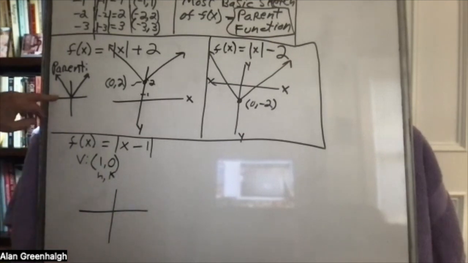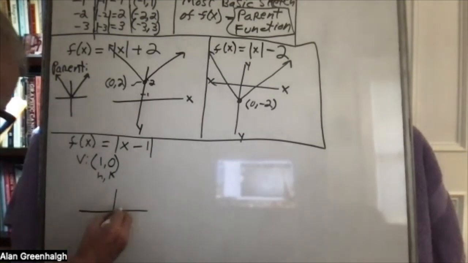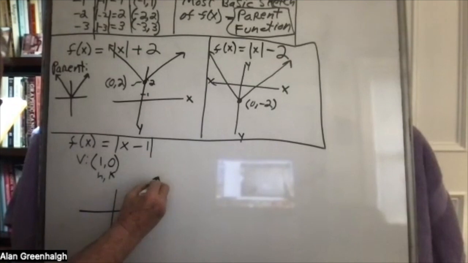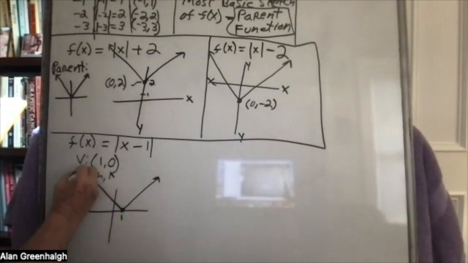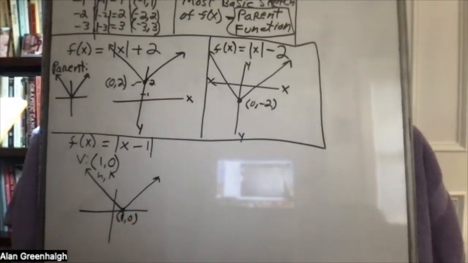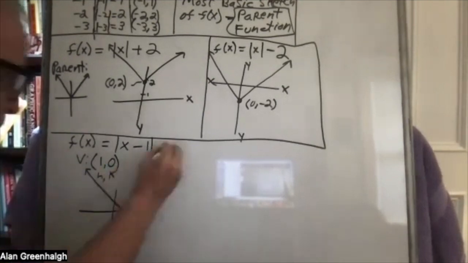So remember what the parent function looks like, very important. And we're going to move it over so that it now starts at x equals 1 and looks like this. And this is the point 1, 0.